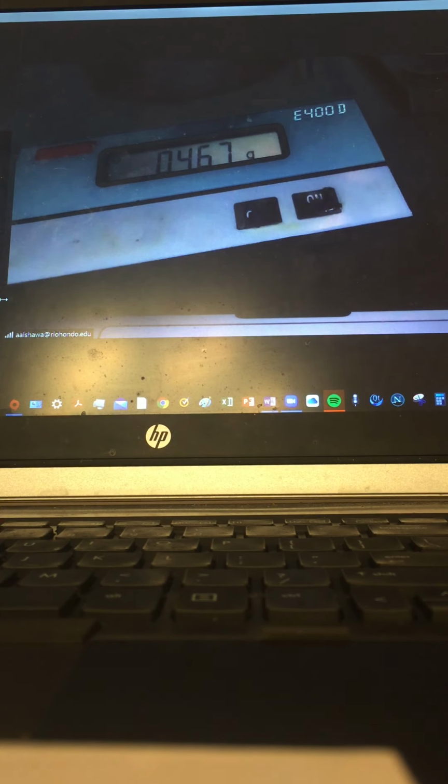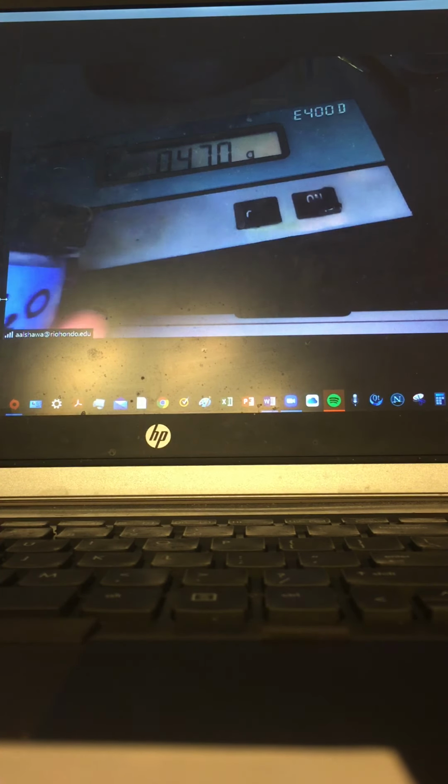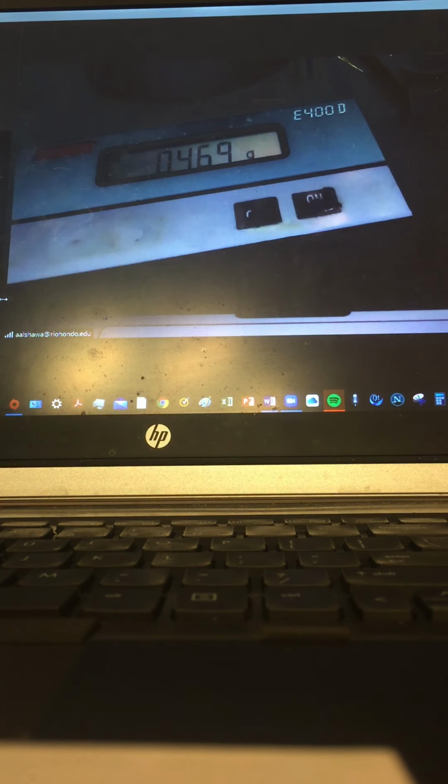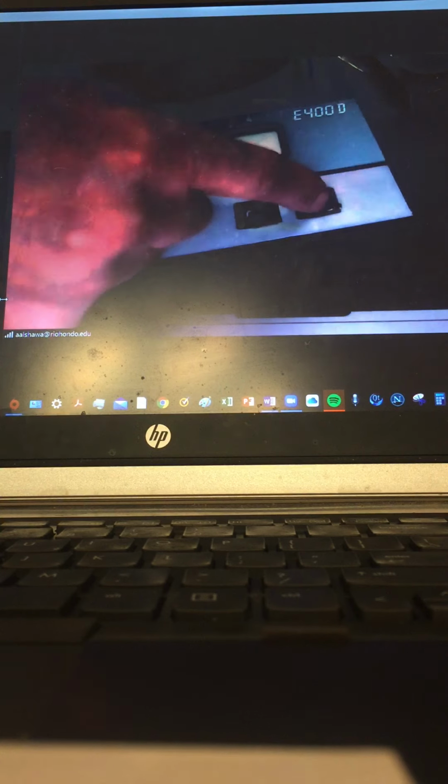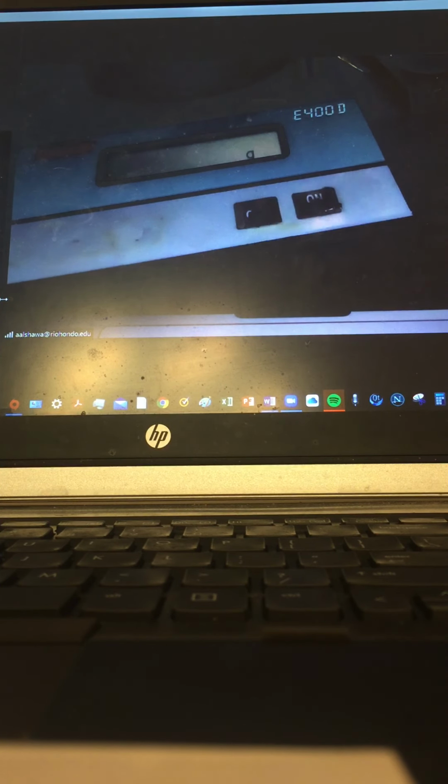So I'm going to start with calcium. This is calcium, right? First, I'm going to hit here, and I need to add 0.5 grams.